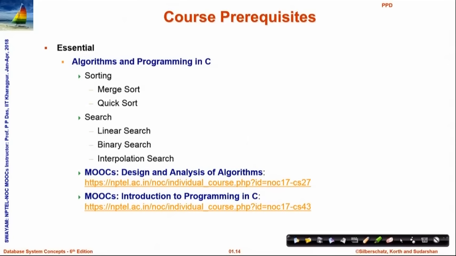Certainly you need certain familiarity with common algorithms, particularly I would mention sorting and searching algorithms, because these are critical for database applications.